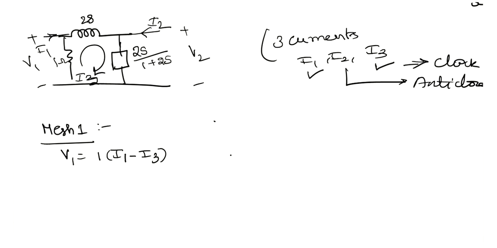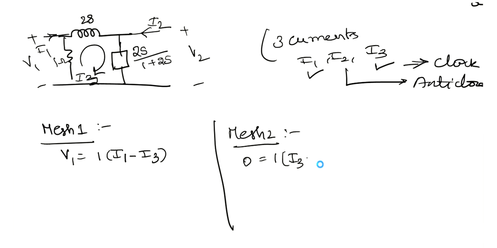And coming to mesh 2, see, three elements are involved. First, no active source, so 0 will be equal to 1 into (I3 minus I1). As per mesh 2, the third term is 1 plus 2s into what? 2s by 1 plus 2s.